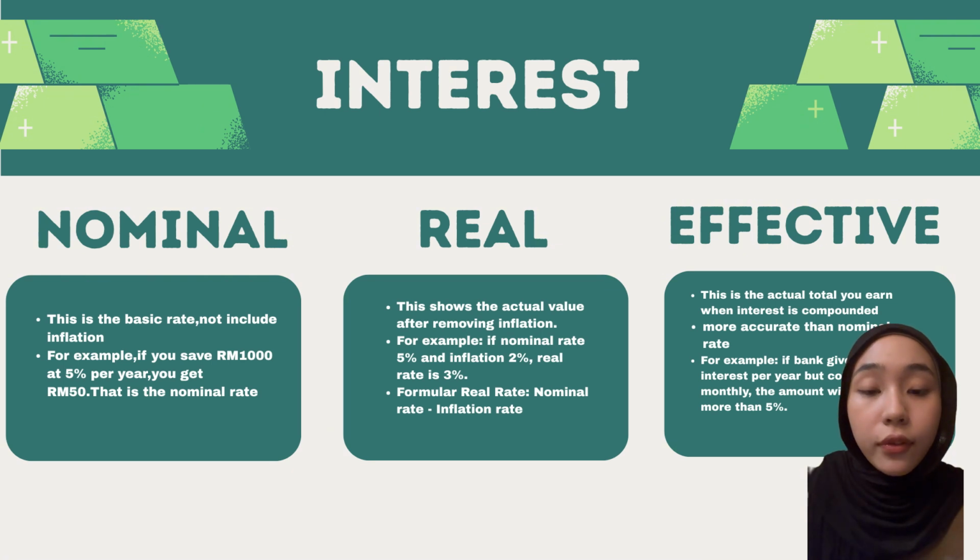Next is effective interest. Effective interest is the actual total interest earned when it is compounded. For example, if a bank gives you 5% yearly but compounds it monthly, the total amount earned will be slightly more than 5%.